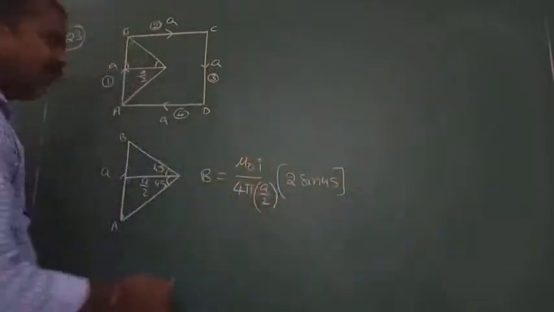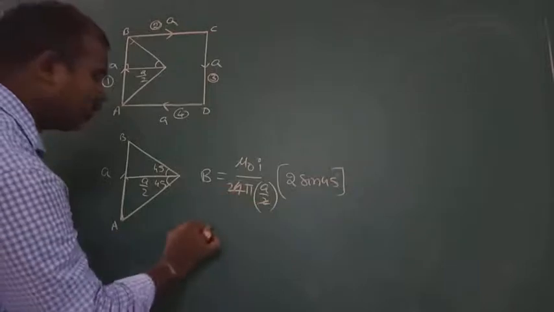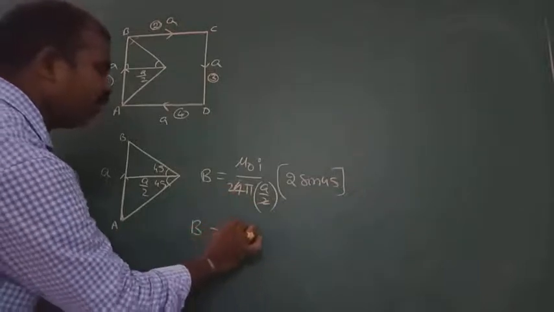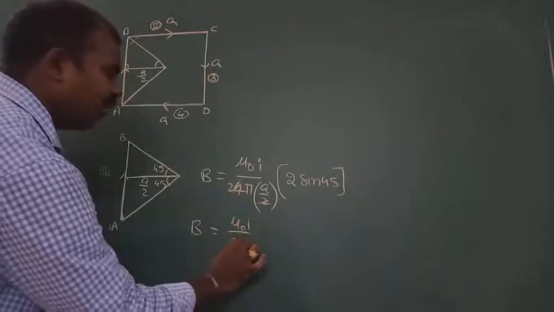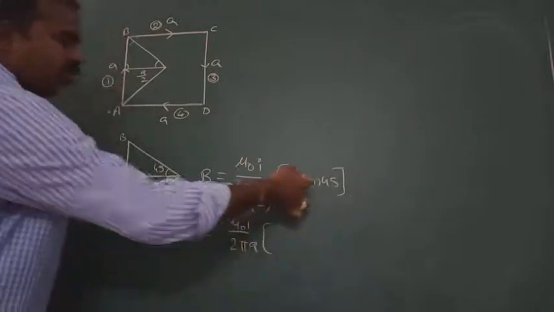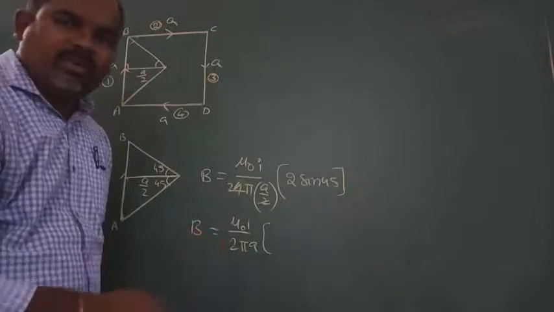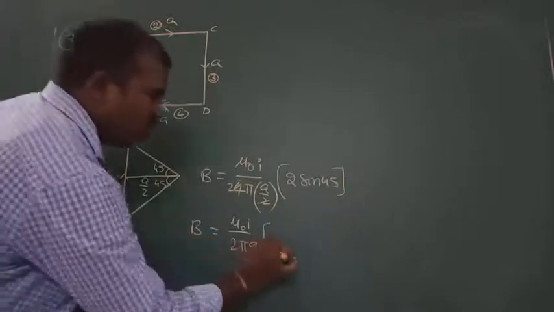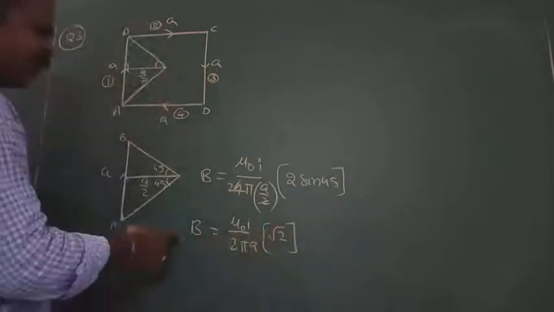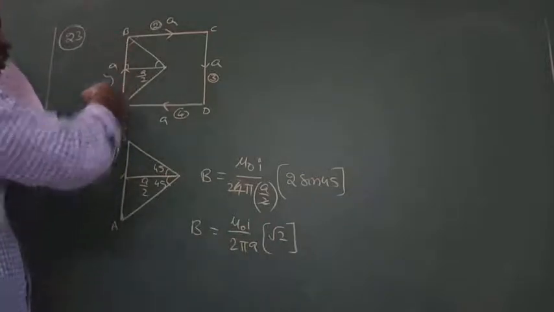So B equals mu naught I by 2 pi A into 2 sin 45, and sin 45 is 1 by root 2. 2 by root 2 is root 2. This is the magnetic field induction due to one wire.